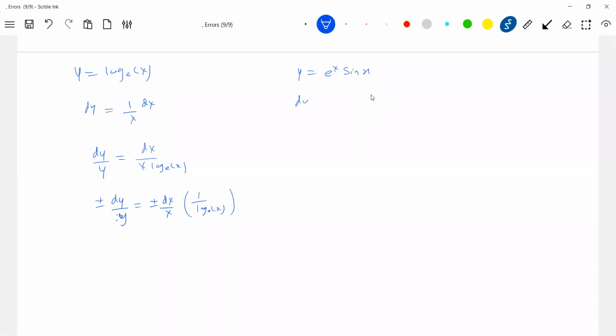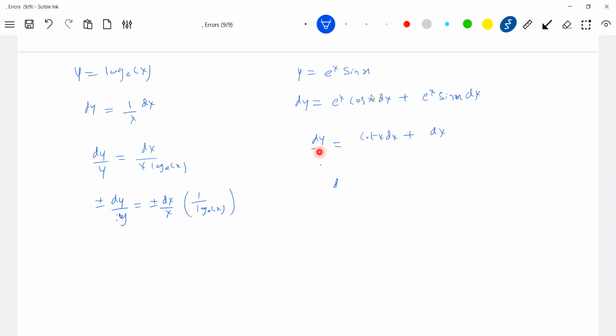Let's differentiate this. dy is equal to e to the power x cos x dx, then e to the power x sin x dx. dy by y is equal to cot x dx. Directly I'm writing, then dx. I'll divide these two.